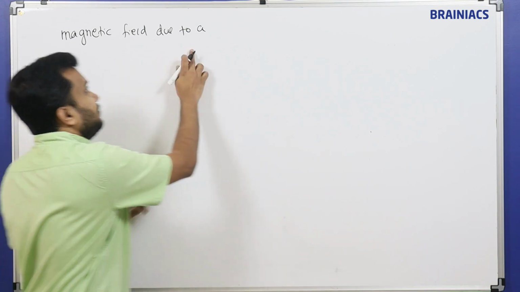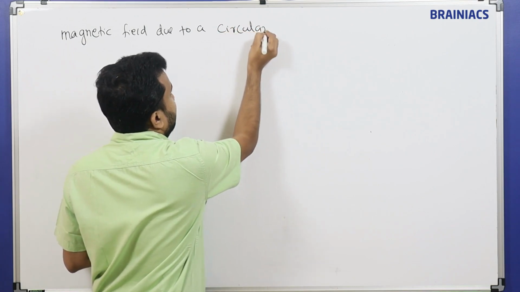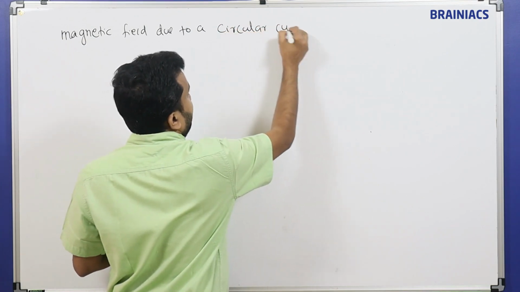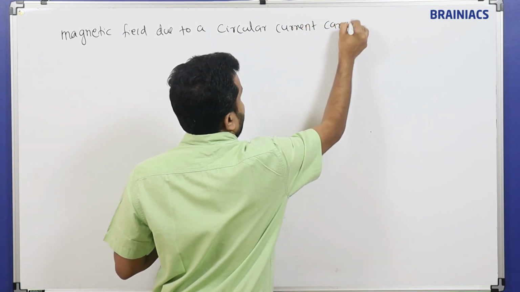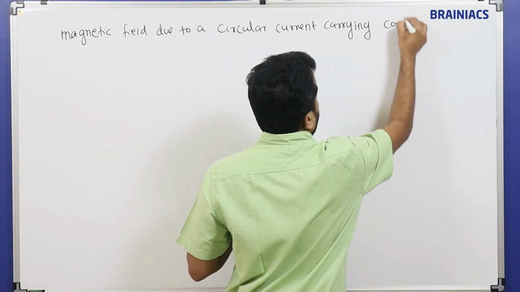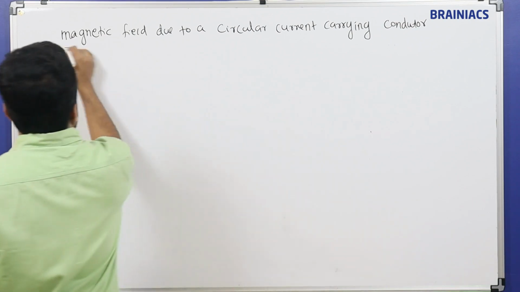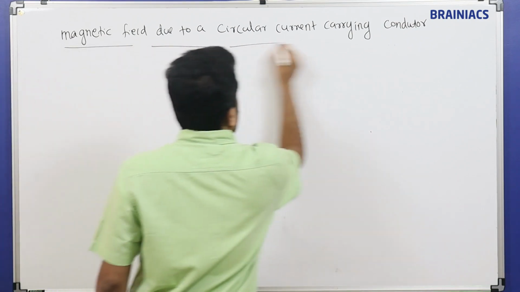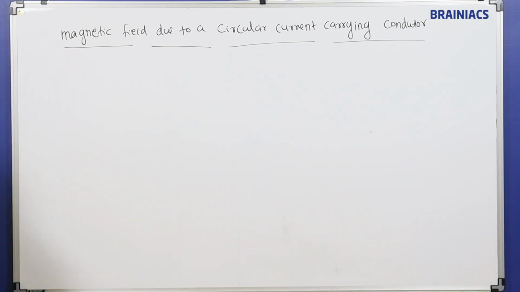So here, magnetic field due to a circular current carrying conductor. This is the topic for today.